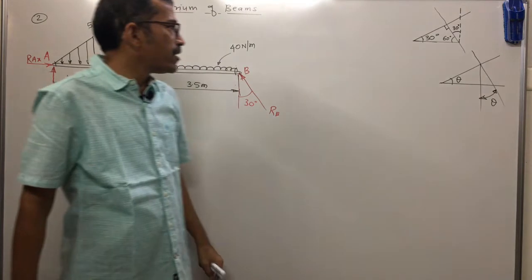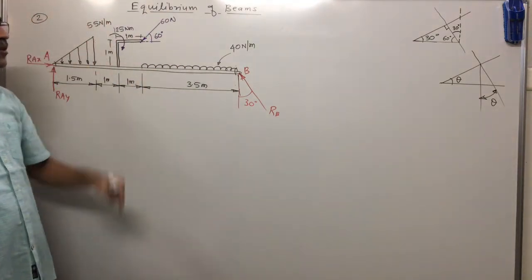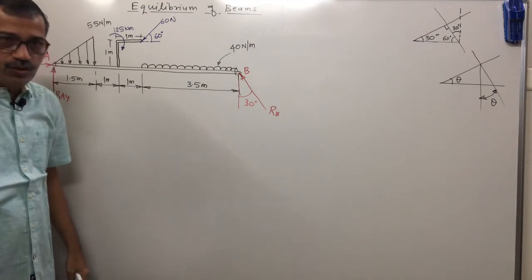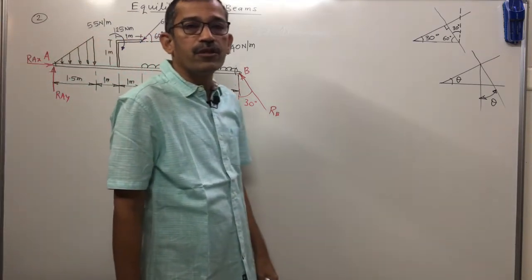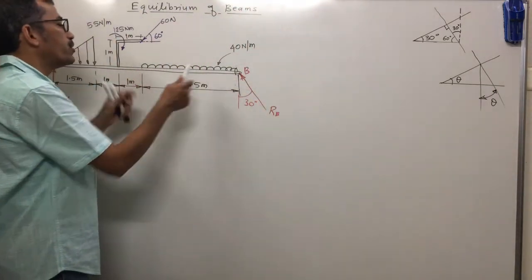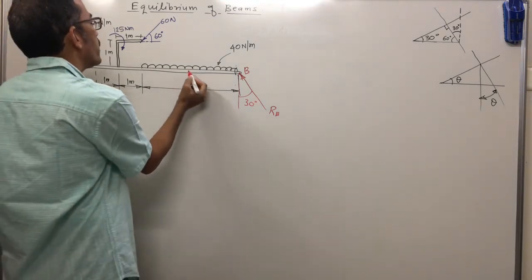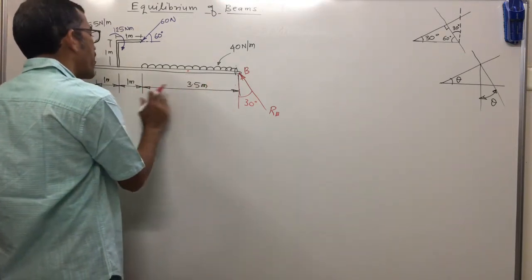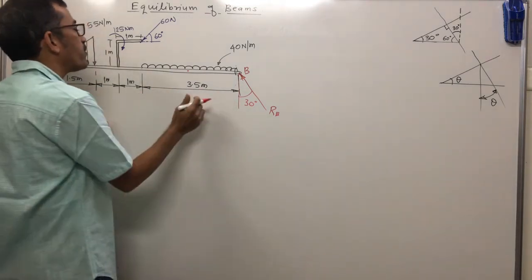Clear? Now, one UVL and one UDL. Whenever distributed loads are given, what do you have to do? You have to convert these distributed loads into an equivalent point load. For a UDL, the equivalent load always acts at the center of its span. Span means the portion in which the load is acting, here 3.5 meter.